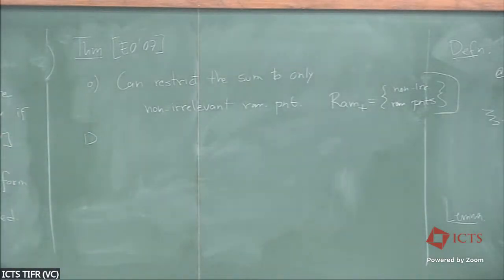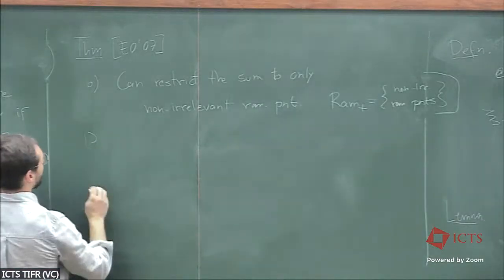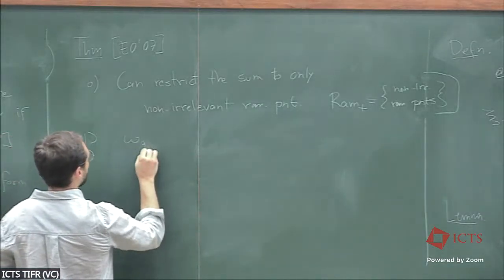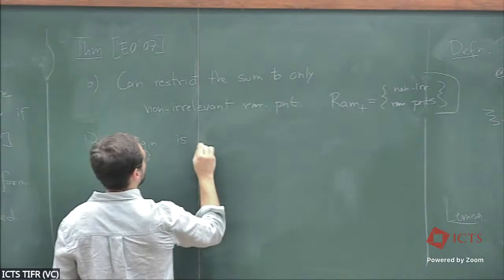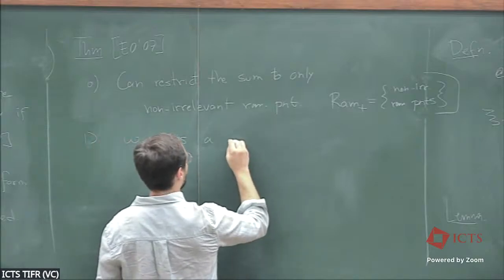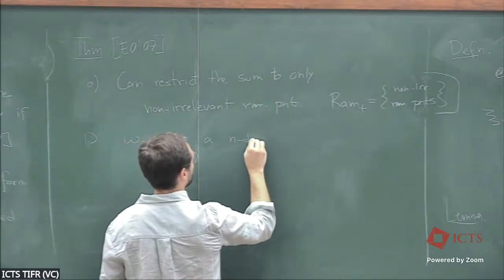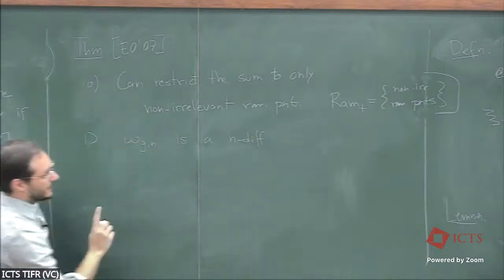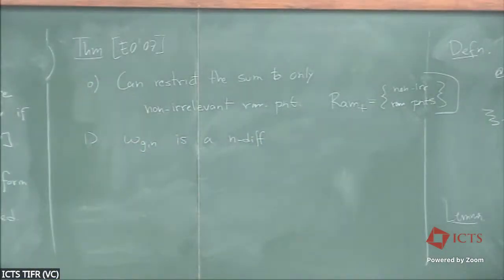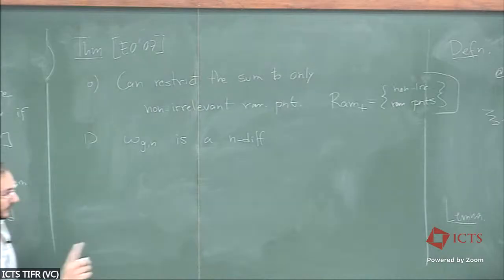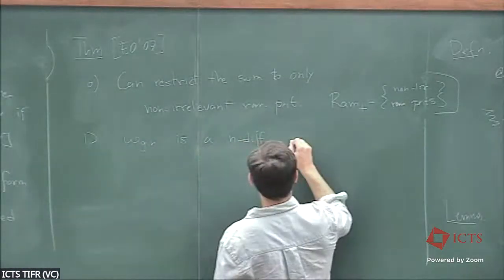Cool. So this is just a silly remark. The main theorem is actually the following property. So the main point is that omega g,n, this is an n differential, meaning it's a differential in each one of the n variables, that it's symmetric.